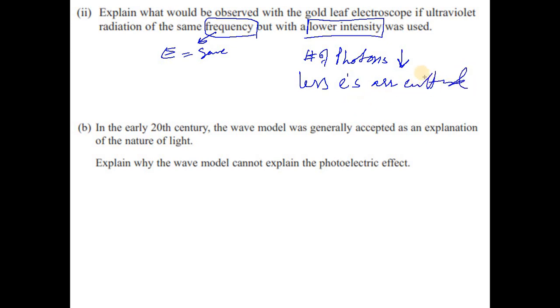That means there will still be a reduction in the deflection of the gold leaf, but at a lesser rate. The gold leaf will fall quite slowly, not quickly. It's less quickly.